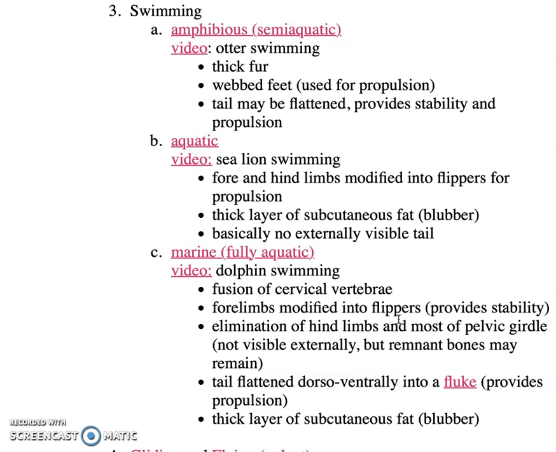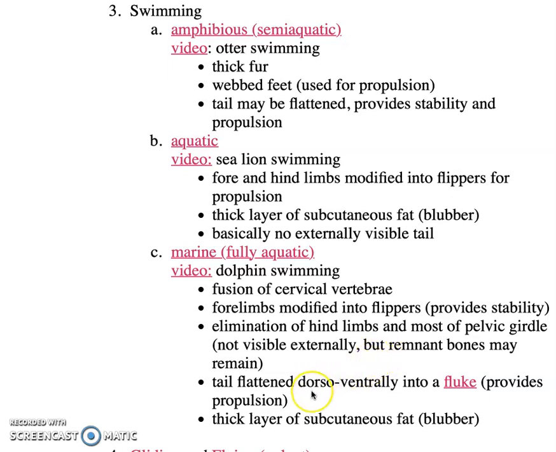They don't have much to do with propulsion or steering other than kind of guiding the front half of the body. We don't see any hind limbs, and most of the bones of the pelvic girdle are no longer present. So there are some bones that you can see on an x-ray or if you dissect one of these aquatic species, but you can't see anything externally.